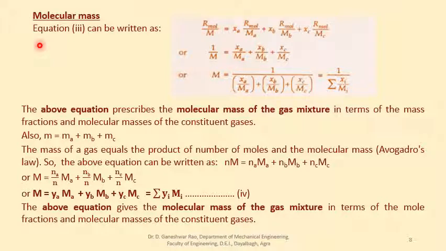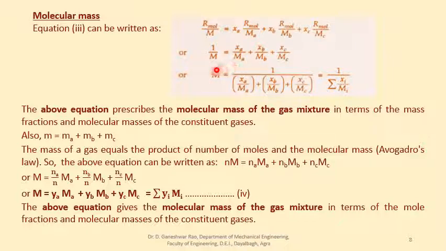Now in a similar way, you can find out the molecular mass from the equation that you saw just now in the last slide. You can say that R mole or R0 upon molecular mass is equal to XA R0/MA + XB R0/MB + XC R0/MC and so on.